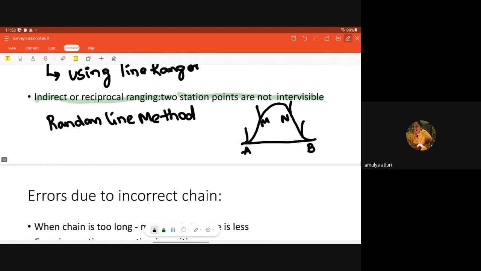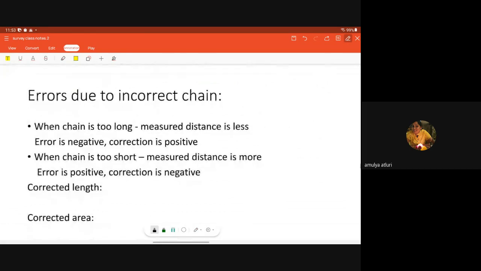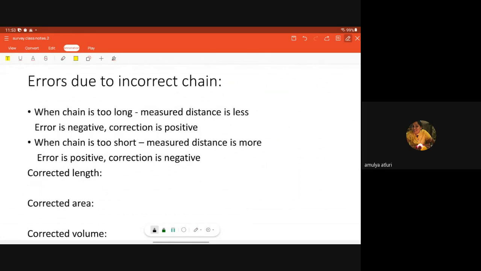Next, as we discussed in the previous class, there will be errors while we are doing survey, right? The errors may be instrumental errors, personal errors, accidental errors. Now, what are the errors due to incorrect chain? When my chain is too long, the measured distance is less. When my chain is too short, the measured distance is more.